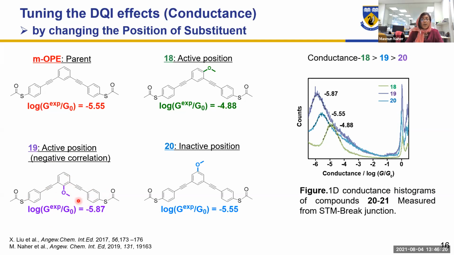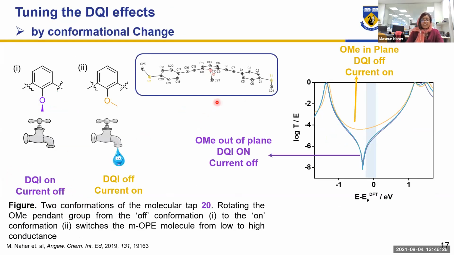So what's going on here? To understand this, we move to the next step. And you can see here is the X-ray crystal structure for this compound, where the ortho-methoxy group is sitting out of plane. So we modeled this compound and calculated the molecular conductance.